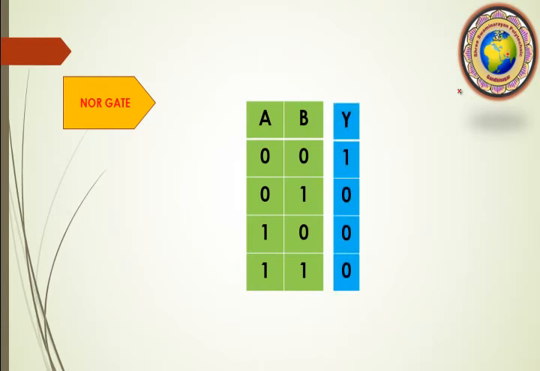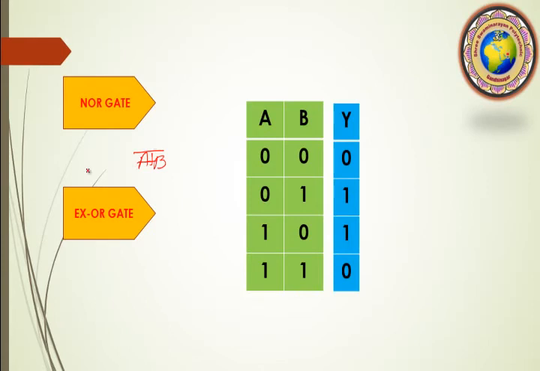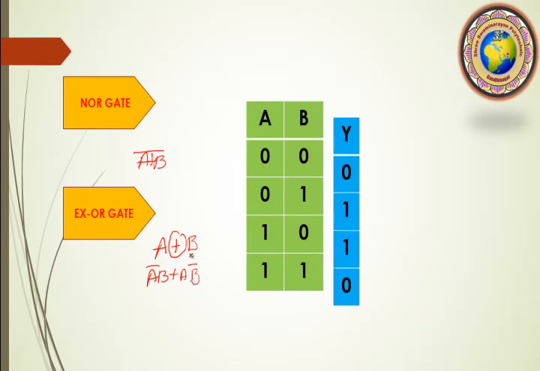Here the NOR gate, as we know, is (a plus b) bar. Then the XOR gate output is 0 1 1 0. The XOR gate is a plus circle b, or we can also write it as a bar b plus a b bar.